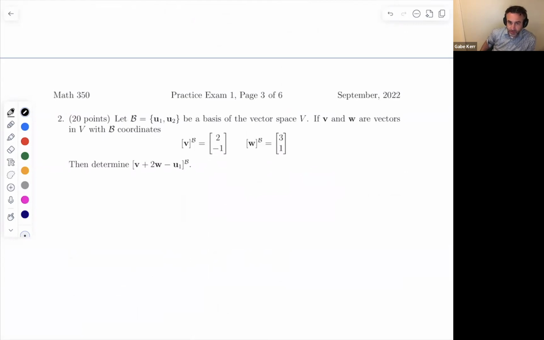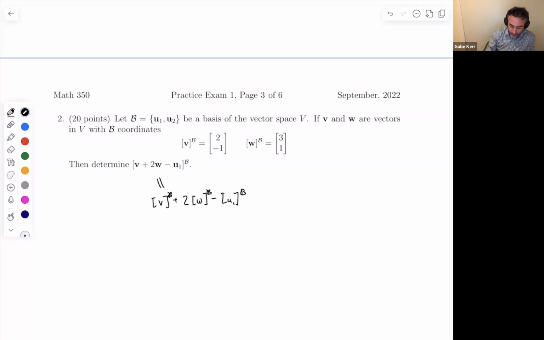And I asked you to determine this linear combination of V, W, and one of those basis vectors. What I want to see here is that you understand that this is a linear procedure. In other words, you can break this up into V plus 2W minus U1.